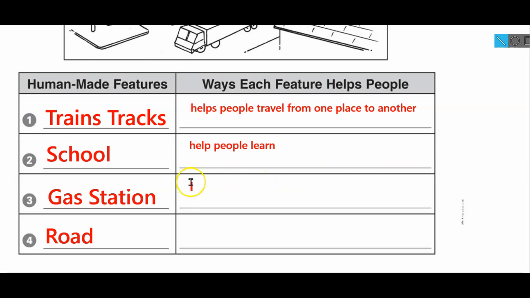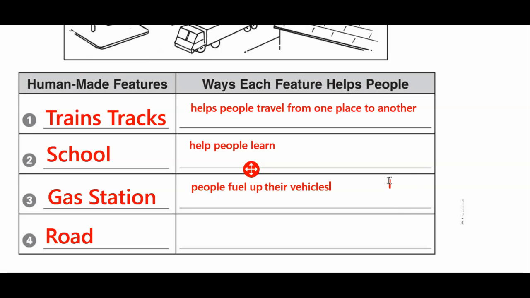Okay, so a gas station, people fill up their vehicles.